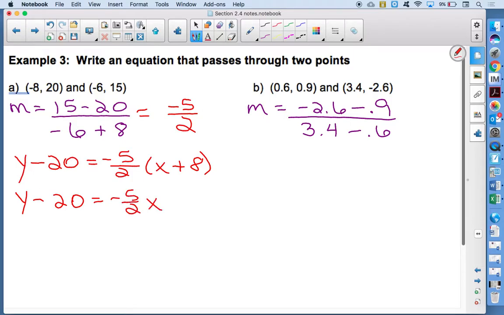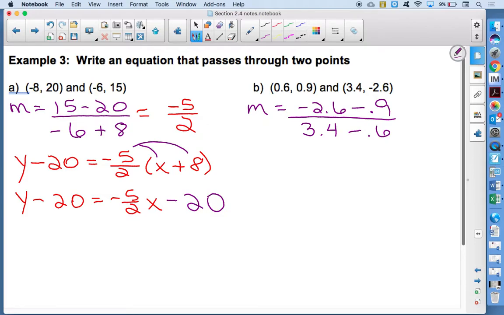Anybody know what negative 5/2 times 8 is? Negative 20. Is something wrong? Question?